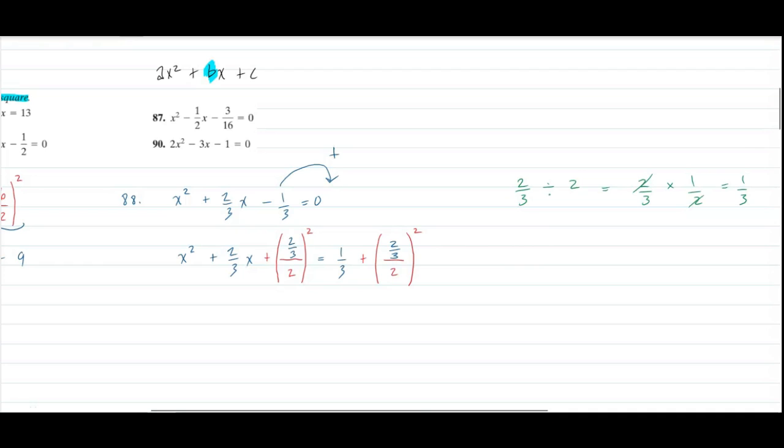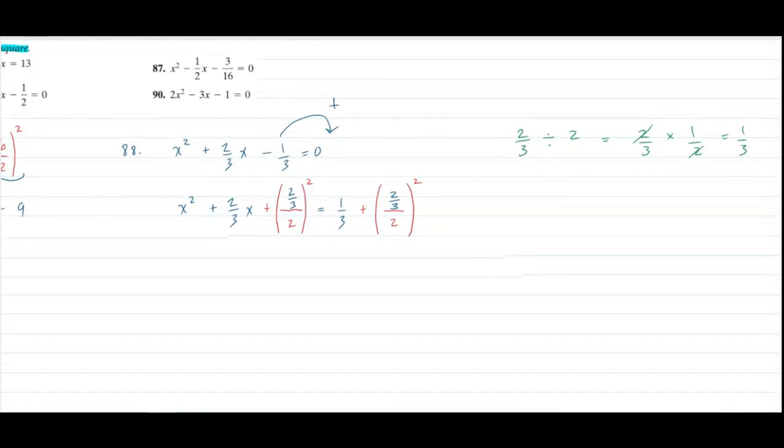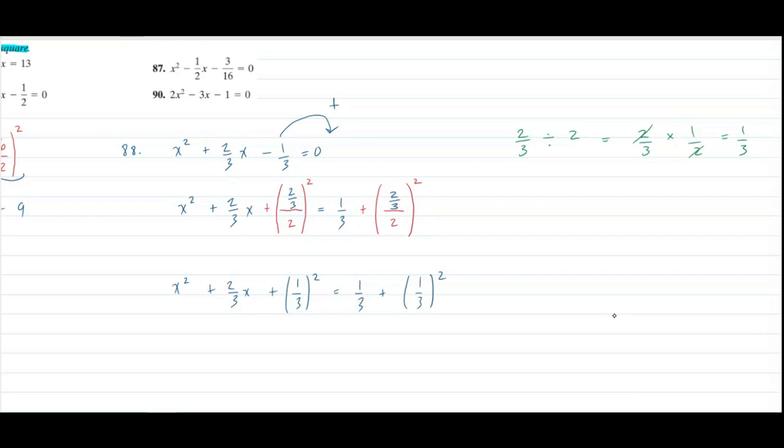So what we have on the left side here is x squared plus 2/3 x plus (1/3) squared, like that. And on the right side, you have 1/3 plus (1/3) squared, right?